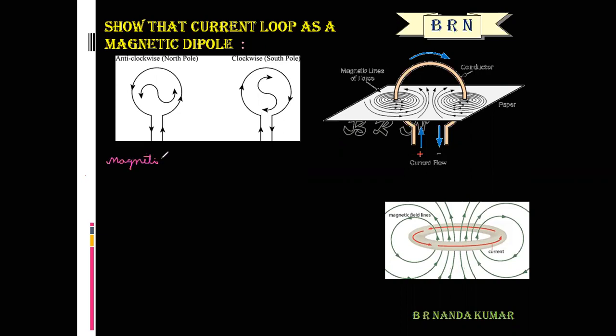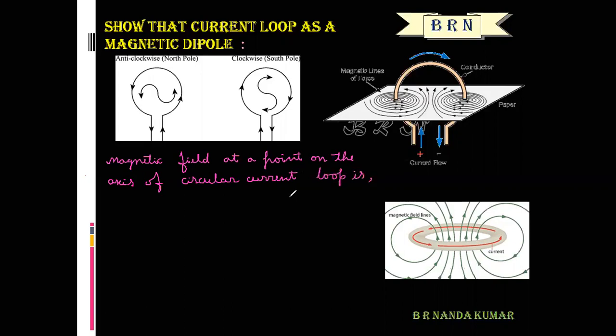Magnetic field at a point on axis of circular current loop. So what is the expression for magnetic field at a point on the axis of circular current loop?